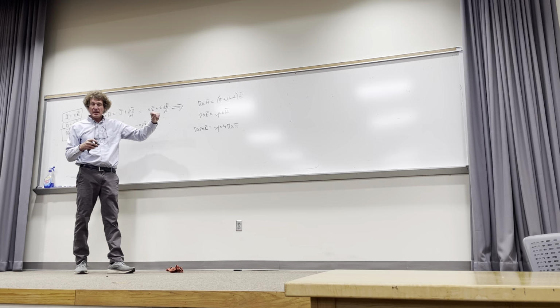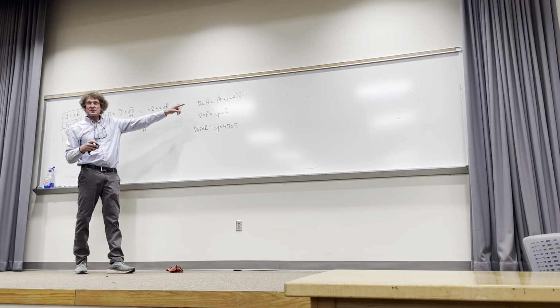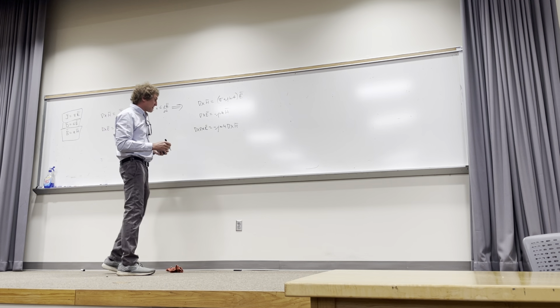Y'all follow me? Now, if I have that, what might I do to get an equation just with E? Look at the first equation. You see how you have curl of H up there as just a function of E? That's exactly what happens.